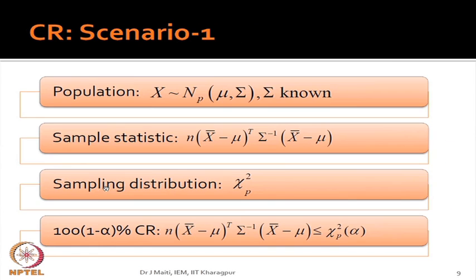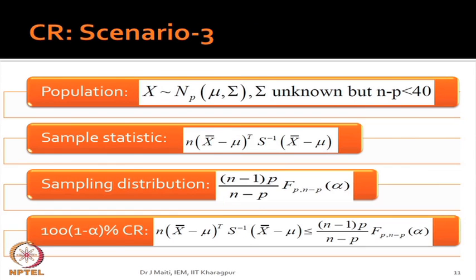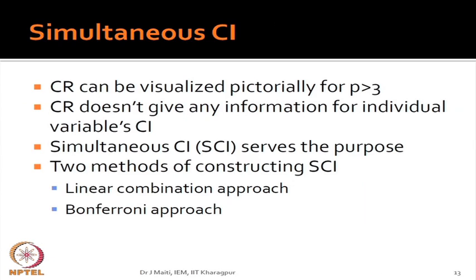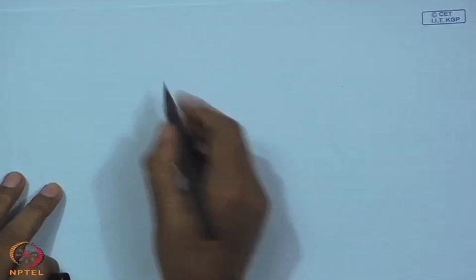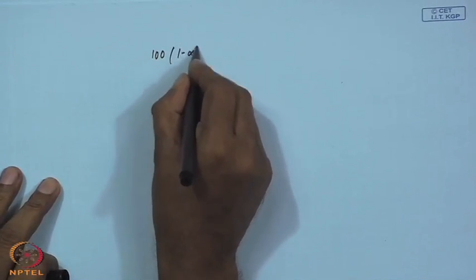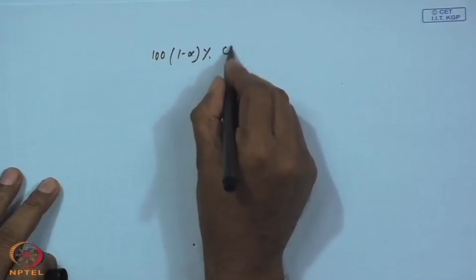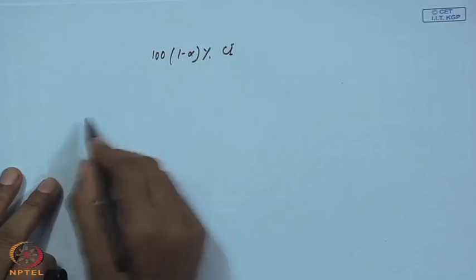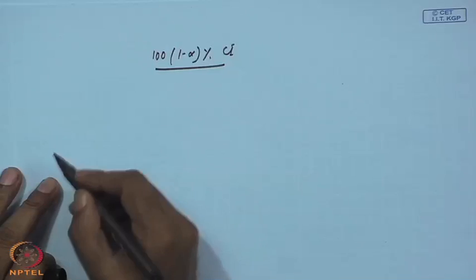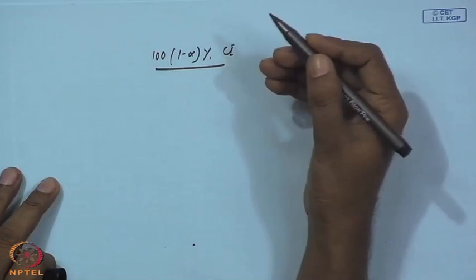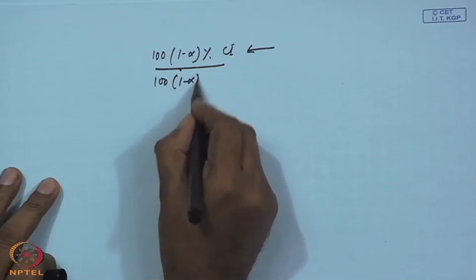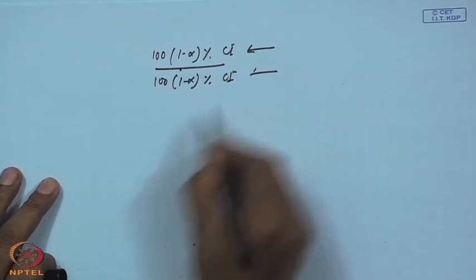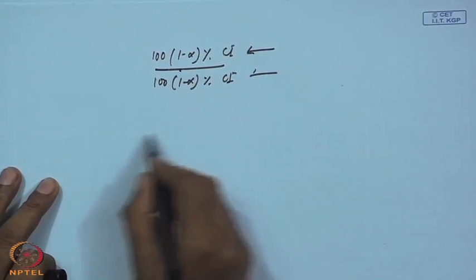If I go by this method, what will happen ultimately? Your problem lies here. Suppose you want a 100 into 1 minus alpha percent confidence interval. When there is one variable, you get it like this. When there are two variables, again you get this. So, like this, if there are 10 variables, what will happen ultimately?